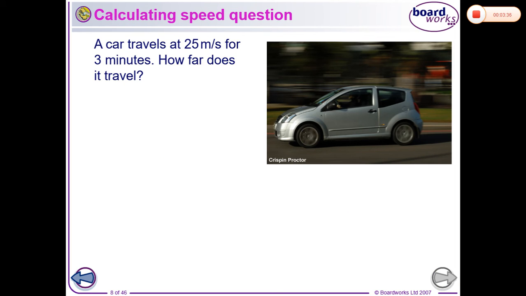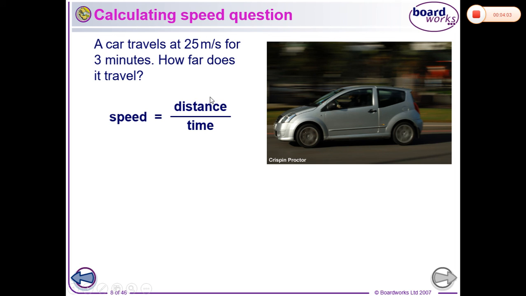Okay. A car travels at 25 meters per second for 3 minutes. How far does it travel? As we said before, we need to use distance in meters, time in seconds, and speed in meters per second. In this case, the speed is given, the time is given, but in minutes, so we have to convert it into seconds by multiplying by 60.